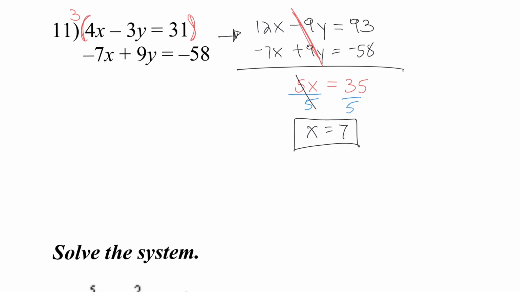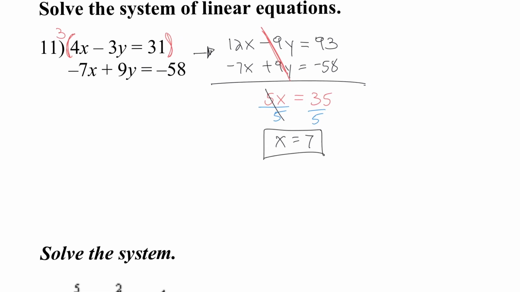So the next step, you are going to use one equation and substitute the value of x. So let me see my equation, and I like the top equation. I'm going to use the top equation. So 4x minus 3y equals 31. Substitute 7 into the x right there.